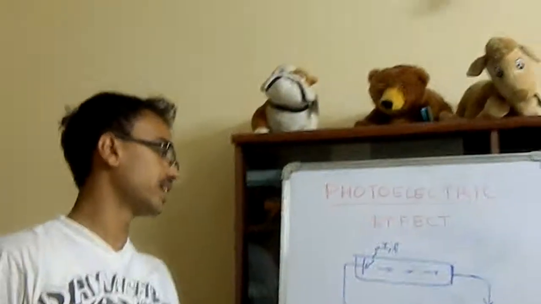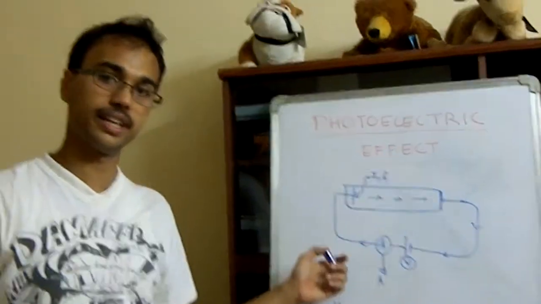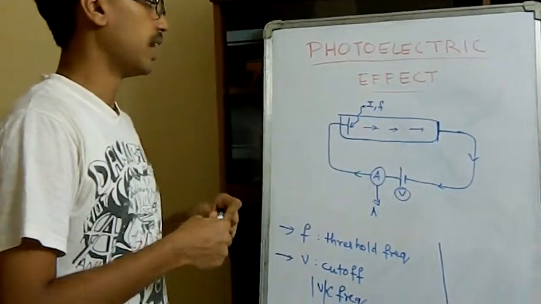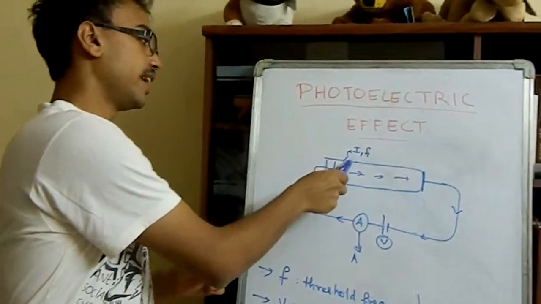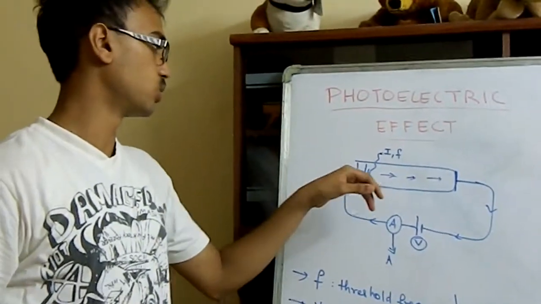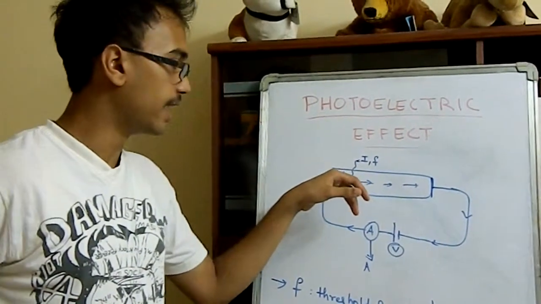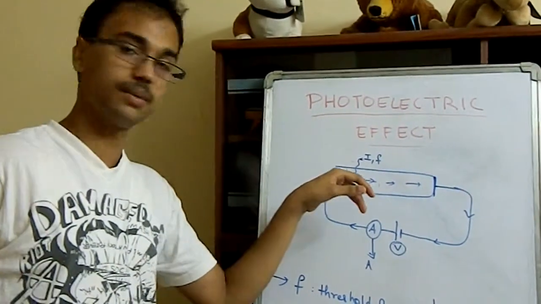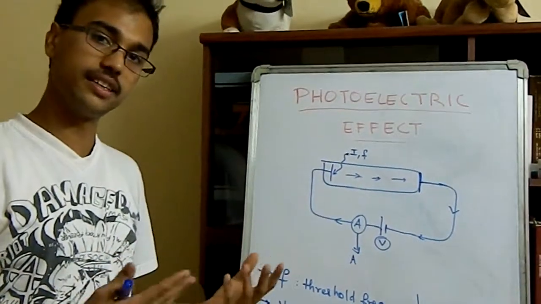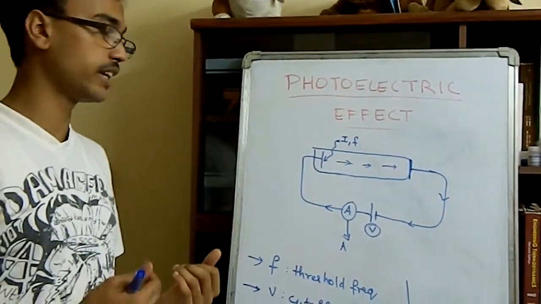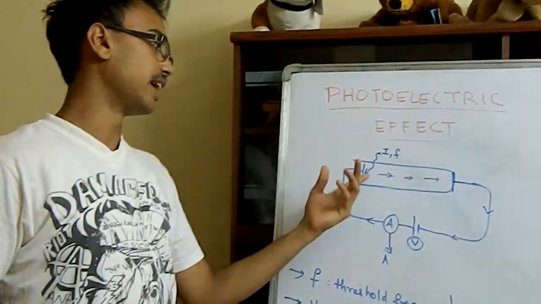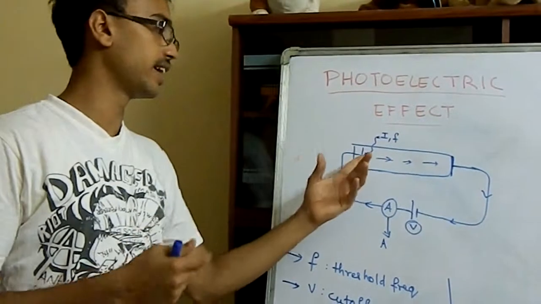Now let us look at the existing theory, the continuous radiation electromagnetic theory. According to that, the radiation is a continuous form of energy. So for electrons to be released from the metal, the metal should absorb the radiation for a certain amount of time till the total energy absorbed exceeds the binding energy for the metal.